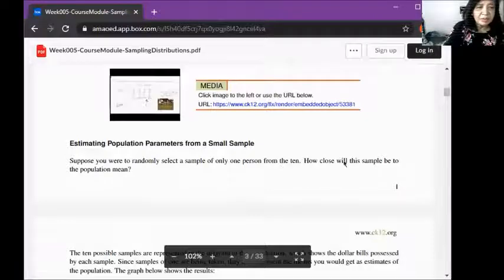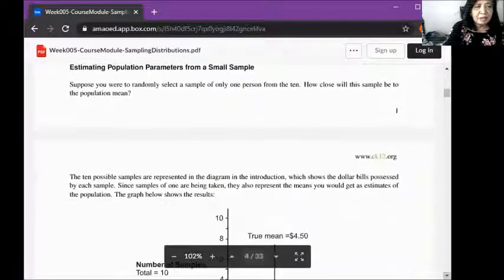How close will this sample be to the population mean? The 10 possible samples are represented in a diagram in the introduction, which shows the dollar bills possessed by each sample. Since samples of one are being taken, they also represent the means you would get as an estimate of the population.